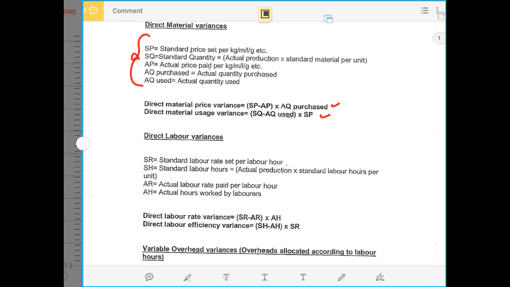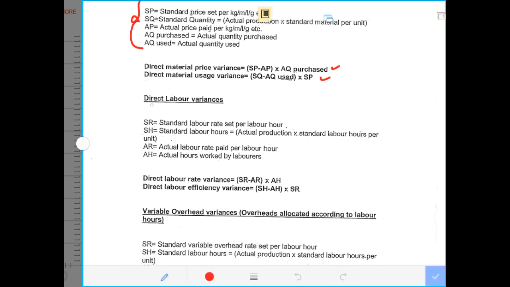Then we have two other variances when it comes to direct labor. There are two variances, which are the direct labor rate variance and the direct labor efficiency variance, where we look at the efficiency of the employees in achieving higher quality in the production process. We also have some abbreviations or concepts that we need to understand before we proceed with these variances.